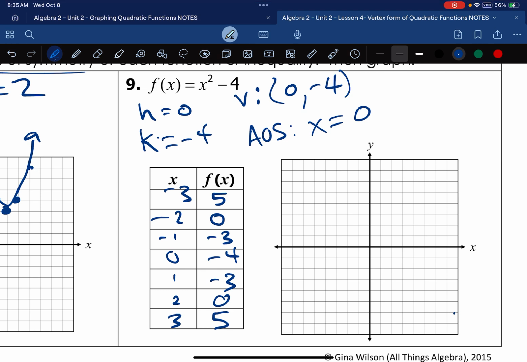Plot our points. 0 comma negative 4 is right here. Negative 2, 0. Negative 1, negative 3, I skipped that one. Negative 3, positive 5. Okay, here are other points. And this is our graph.